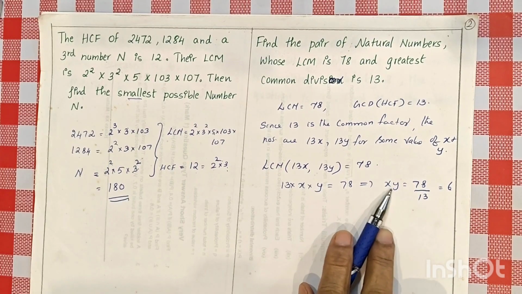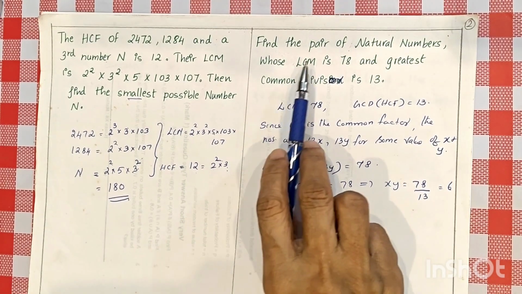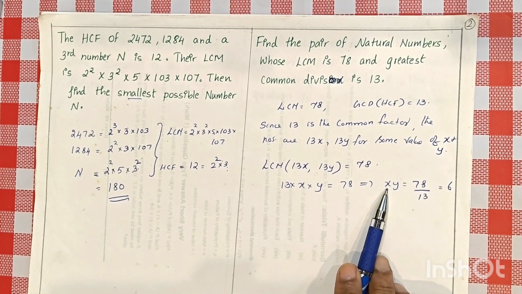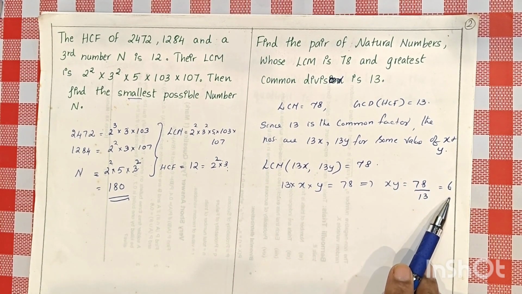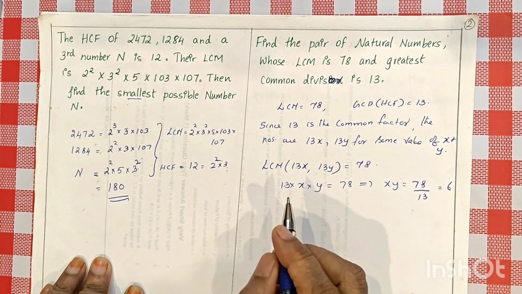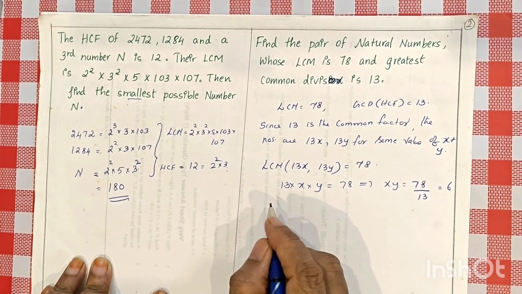Now the product of the two numbers x and y will be 6. So now find the pair of natural numbers they have asked. You have to select numbers x and y such that the product you are getting is 6. So what are the combinations that you can take?